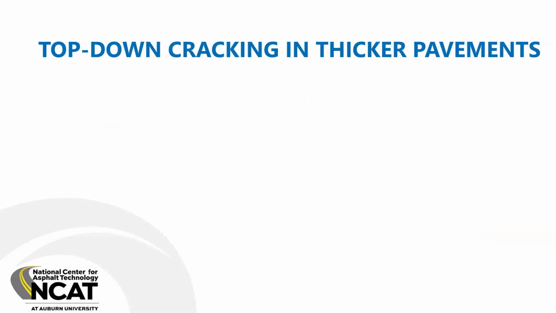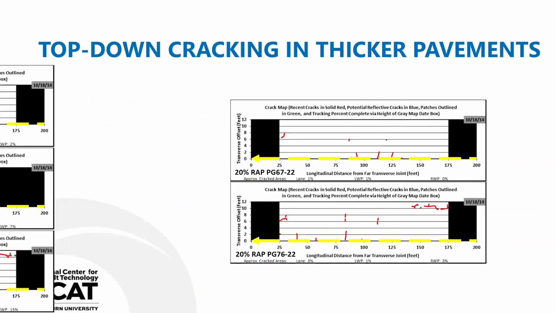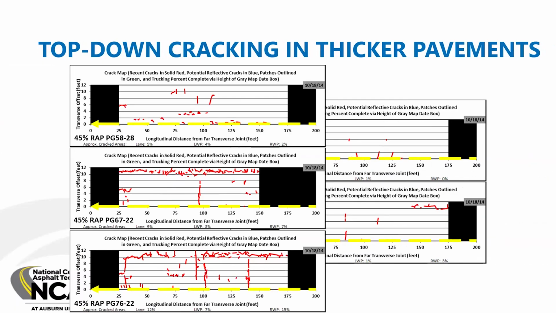And I'm going to compare that to some other thicker pavements, where you see some transverse cracks that are some sort of thermal stiffness related types of cracking. But in these thicker pavements, these are perpetual pavements, and the cracking that you see is not in the interior of the wheel path.